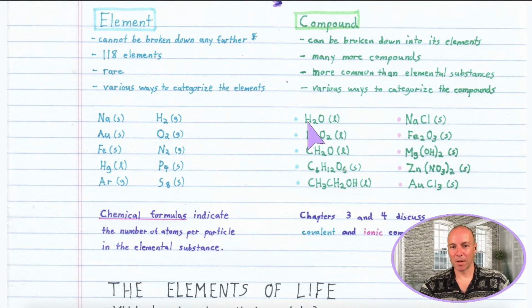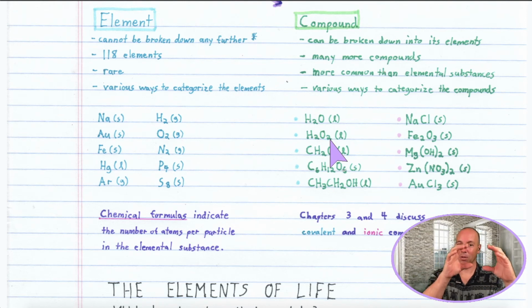But there is a different compound substance that's made from hydrogen and oxygen, and that's hydrogen peroxide, H2O2. So you see, a molecule of hydrogen peroxide has 2 hydrogens inside there and 2 oxygens, whereas a molecule of water only has 2 hydrogens and 1 oxygen.